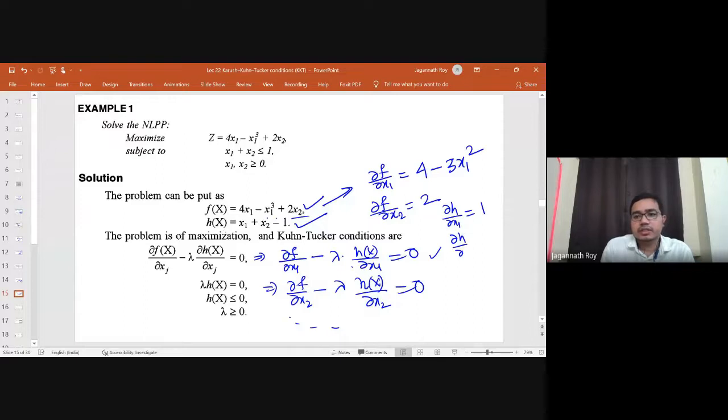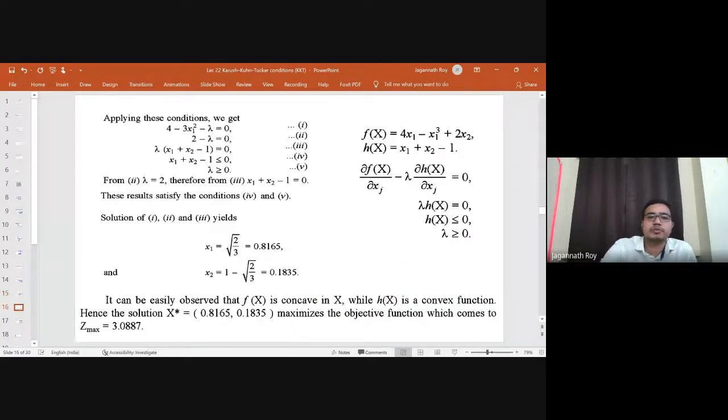Del h del x2 is also 1. So now you have to substitute these values here and then try to find out this lambda value. Since only one constraint is there, we have only one lambda value to find out.